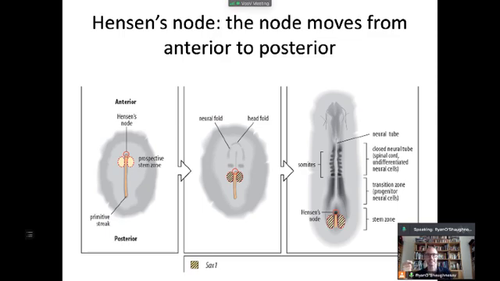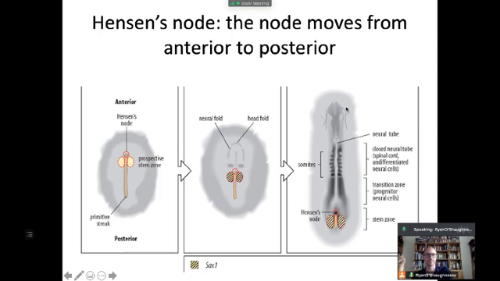So the organizer in chick is called Hensen's node, and Hensen's node moves posterior to anterior, even though the initial involution is posterior. So the primitive streak is formed posteriorly, but then Hensen's node moves anteriorly across the developing chick. And so, as we've shown before, we get this concomitant thing, or things happening at the same time, where we have specification of tissues by the node, while at the same time, more anterior, we already have neurulation.